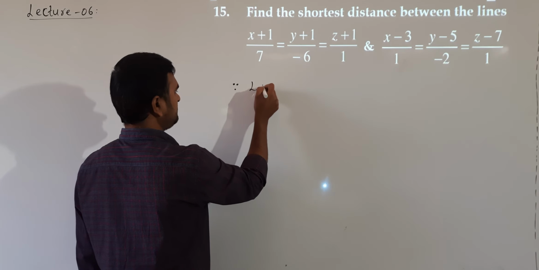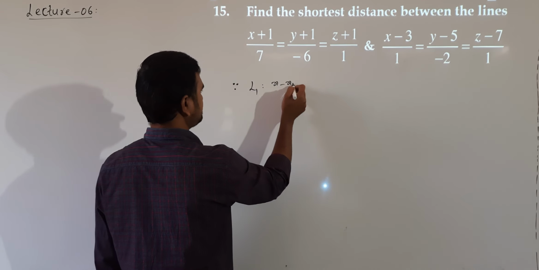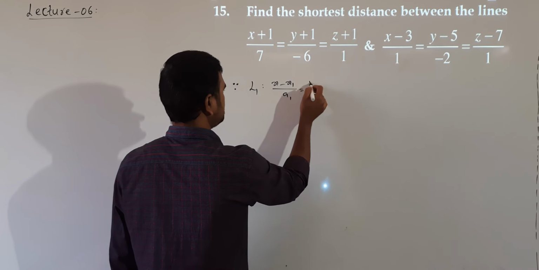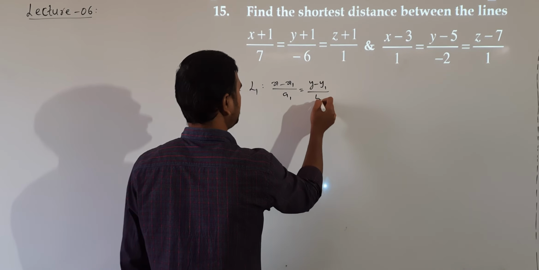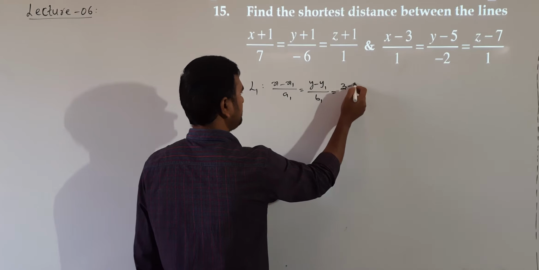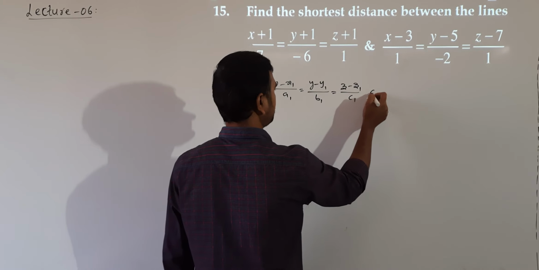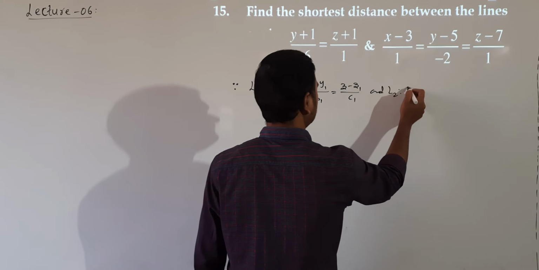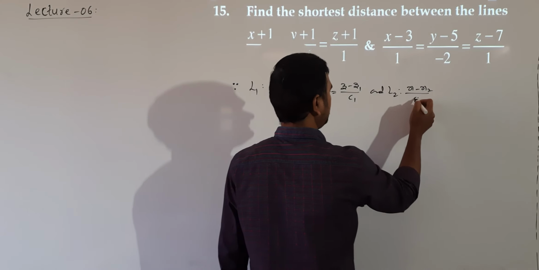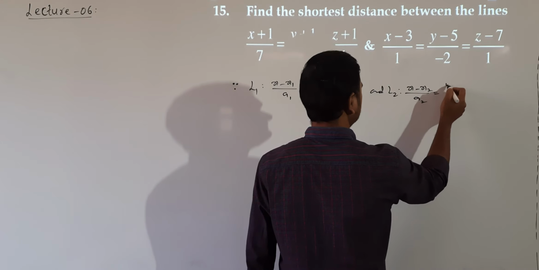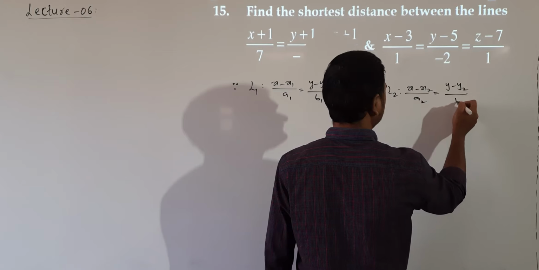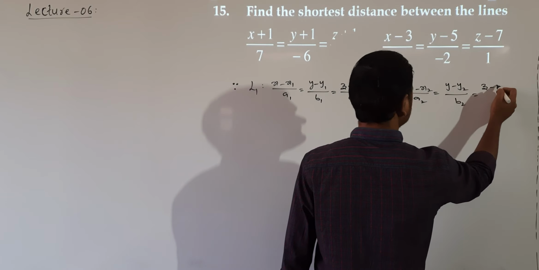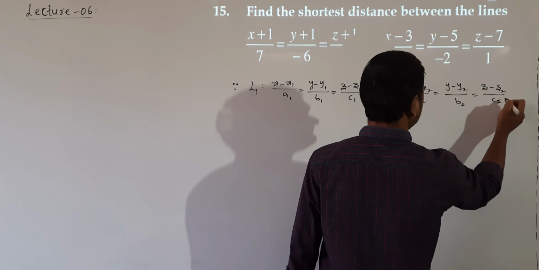Lines in Cartesian form: x minus x1 by a1 is equal to y minus y1 by b1 is equal to z minus z1 by c1, and the second line, x minus x2 by a2 is equal to y minus y2 by b2 is equal to z minus z2 by c2.